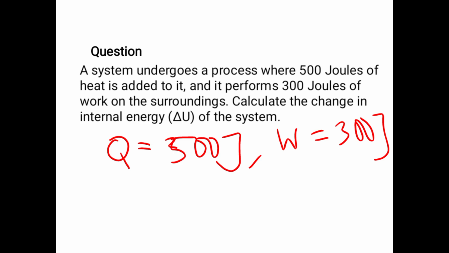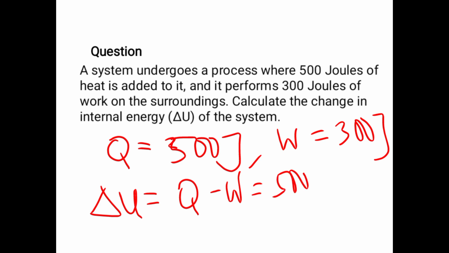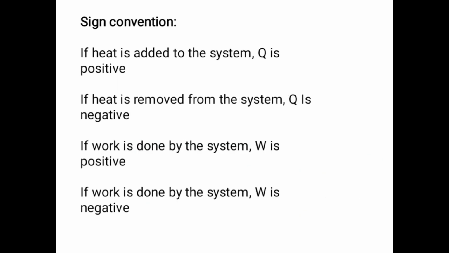We are asked to calculate the change in the internal energy of the system. We know delta U is Q minus W, so that gives 500 minus 300, and our answer is 200 joules.